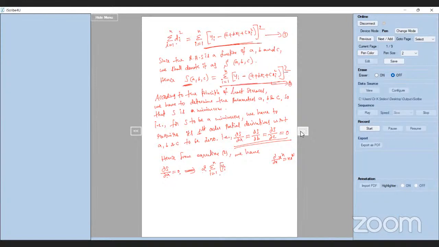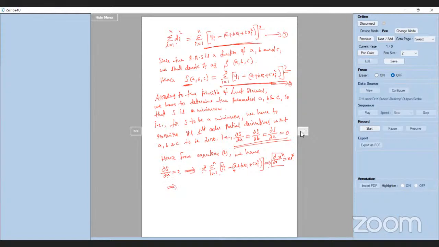This one: yi minus a plus bxi plus cxi square. Differentiating with respect to a, dou a by dou a becomes 1. So this is into 1.